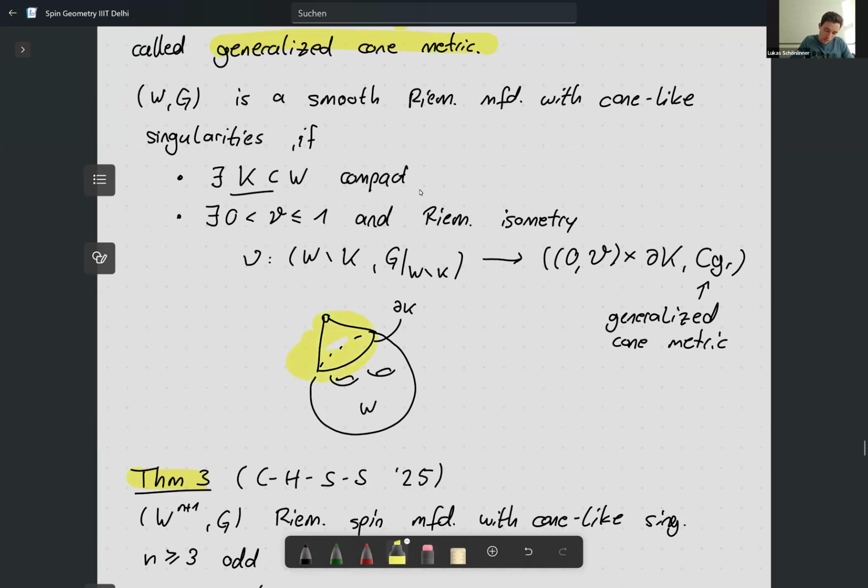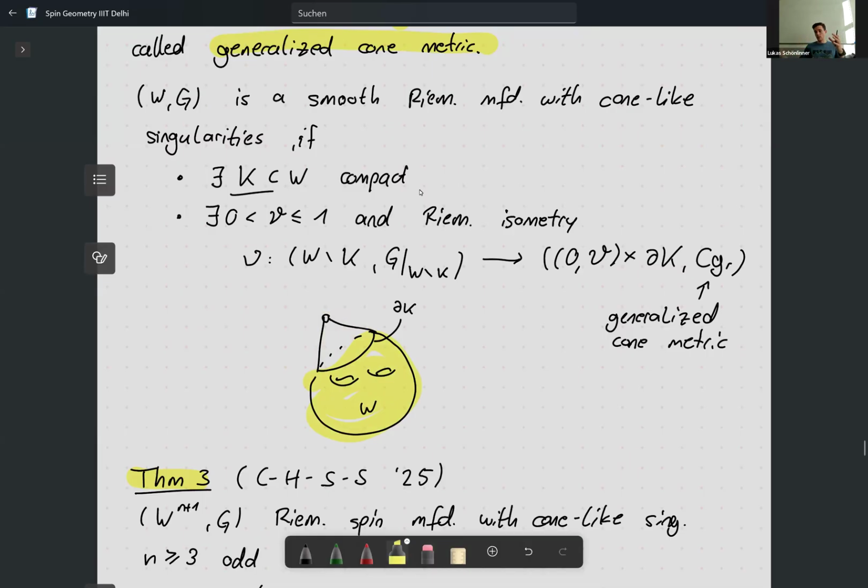We construct the parametrix first on the cone part. We can do this quite explicitly. And on the inner part, we can use standard theory because for compact manifolds with boundary, the operator will be Fredholm.